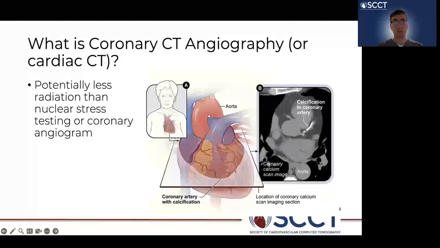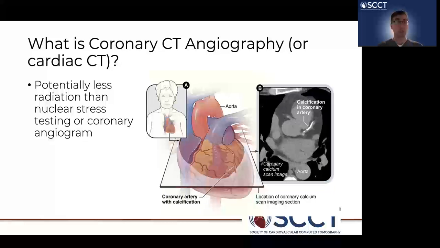So starting off, what is coronary CT angiography, also known as cardiac CT? Our goal is to try to take a complicated 3D structure, such as the heart, that's constantly moving, and to obtain 2D images of the structure and to be able to see smaller structures in detail, such as the coronary arteries.